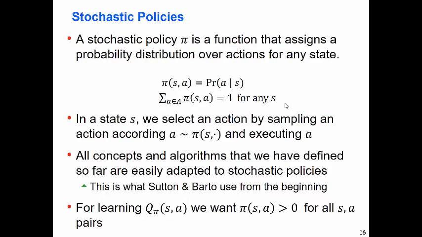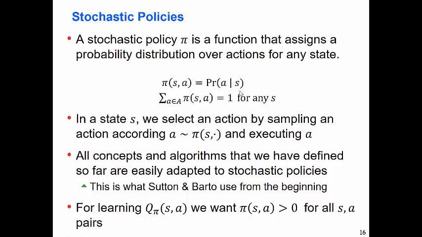So we haven't talked about stochastic policies yet, so we'll spend a minute on that here. We'll deal with them later on as well when we talk about policy gradient. But a stochastic policy is just a function pi that for any S and A returns a probability of taking action A in state S. So it's a stochastic controller.